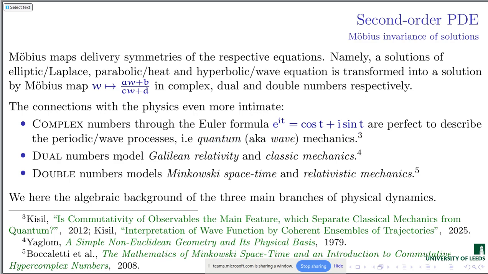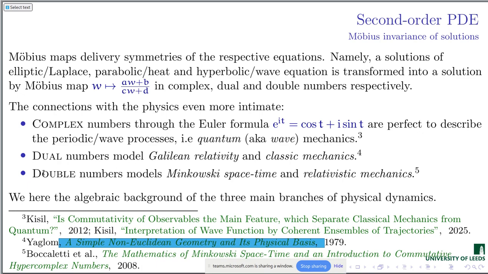Dual numbers are useful to describe classical relativity, the so-called Galilean relativity of classical mechanics. There is a nice book by Yaglom which describes geometry with the dual numbers and the corresponding physical applications in detail. So it's best to look in this book for the description.